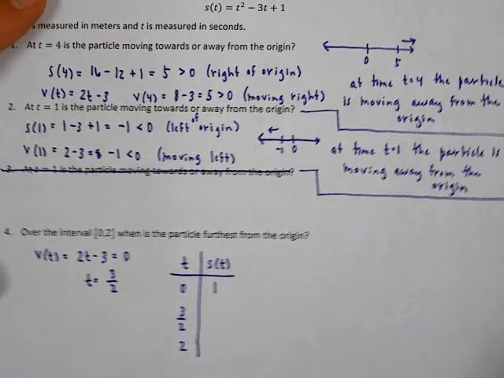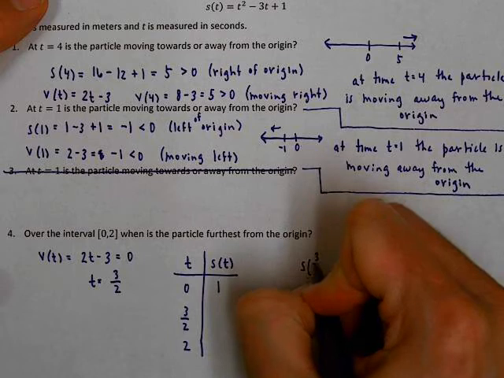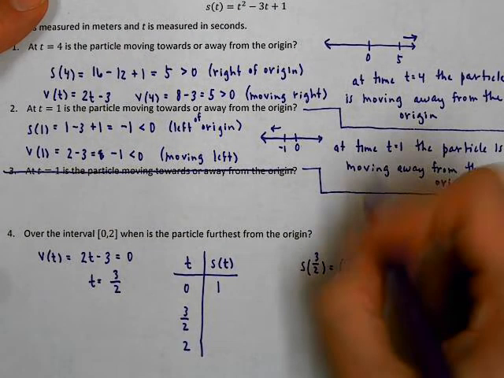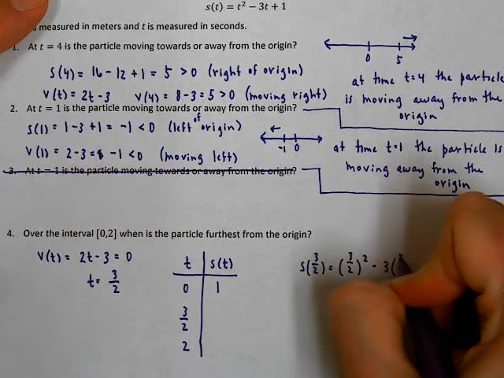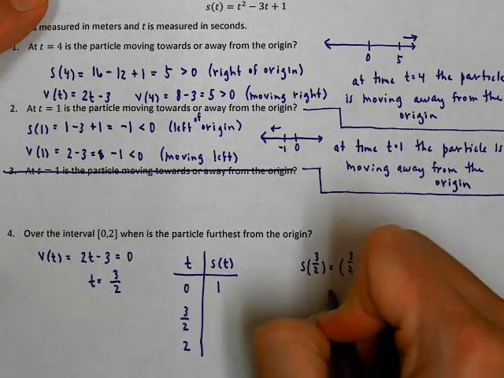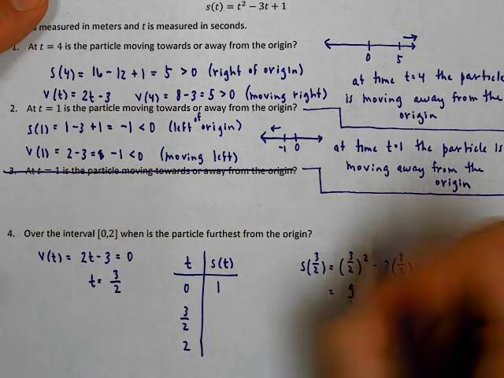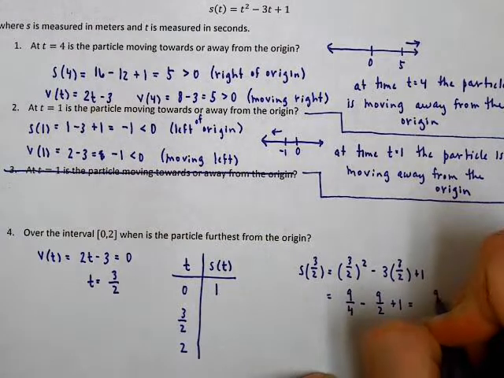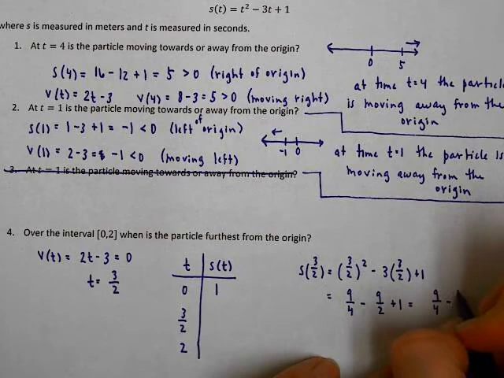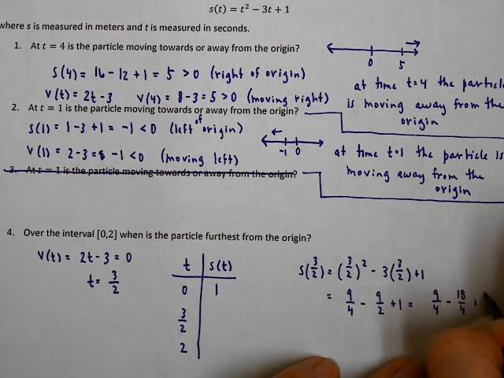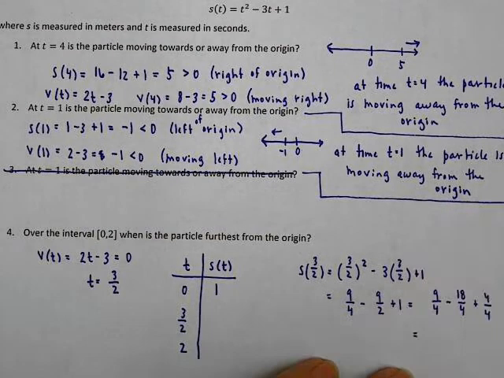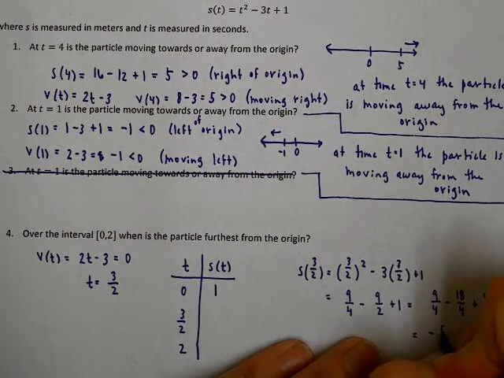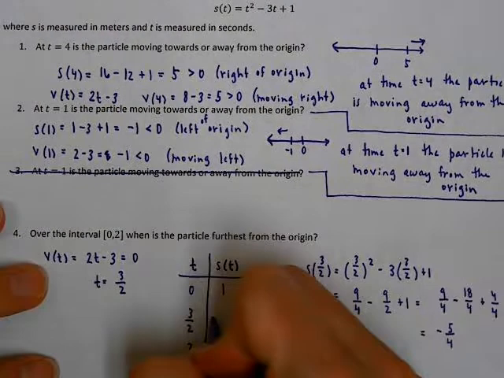So S of 3 halves equals 3 halves squared minus 3 times 3 over 2 plus 1. So 9/4 minus 9 halves plus 1. I'm going to give those a common denominator. So 9/4 minus 18/4 plus 4/4 equals, 9 minus 18 is negative 9 plus 4, negative 5/4, if I did that right.